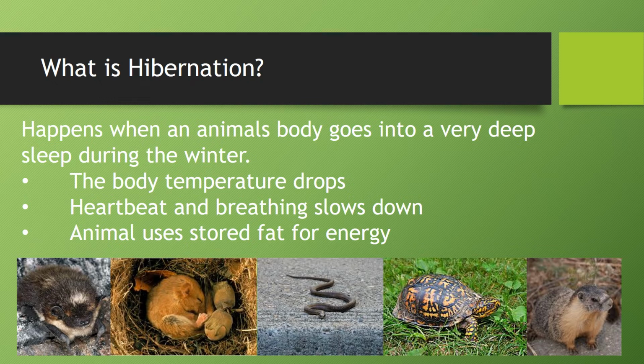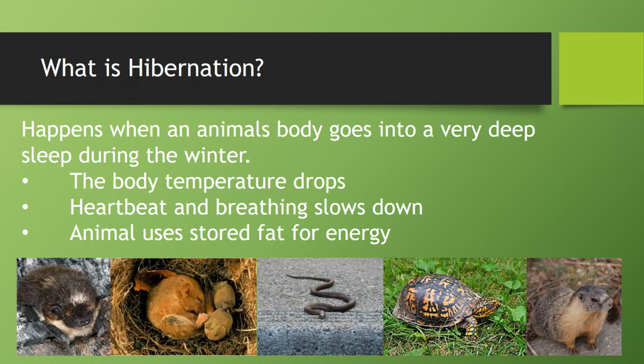So all of these animals in this picture, and these pictures in the line on the bottom of the screen, are animals that have adapted to hibernate. So what exactly is hibernation? It happens when an animal's body goes into a very deep sleep during winter. Their temperature drops and their heartbeat and breathing slows down.